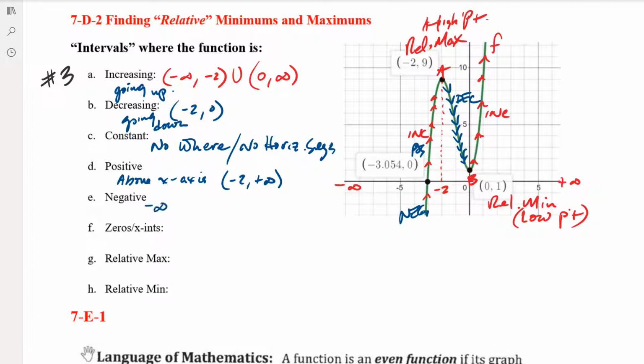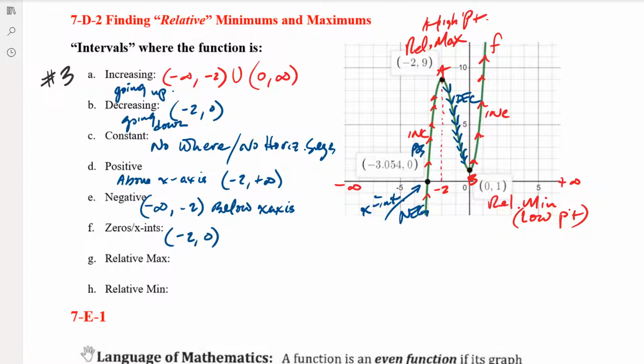So from negative infinity to negative 2, it's below the x-axis. Okay, the zeros, it only has 1 at negative 2 comma 0. This is an x-intercept here, or a 0 of the function, either one. It's an x-intercept of the graph, it's a 0 of the function, so there's the terminology for you.